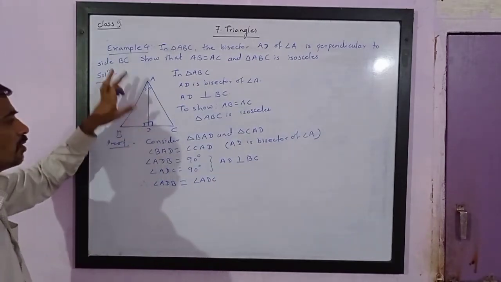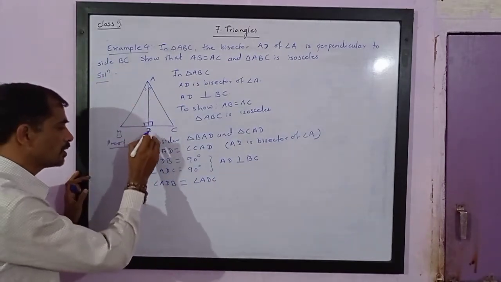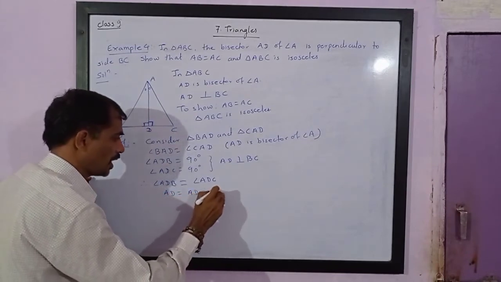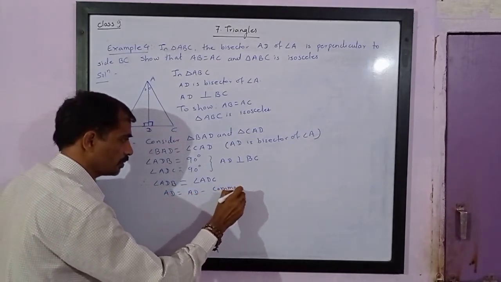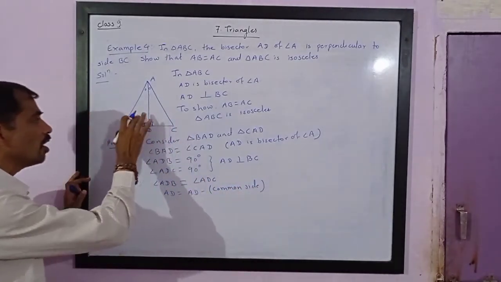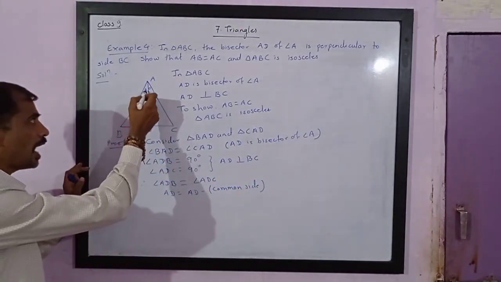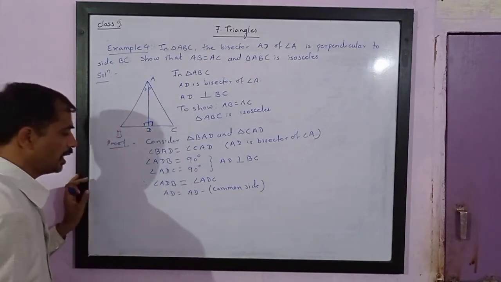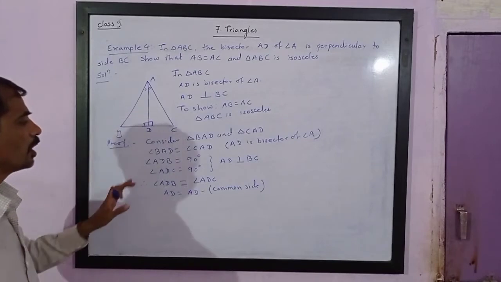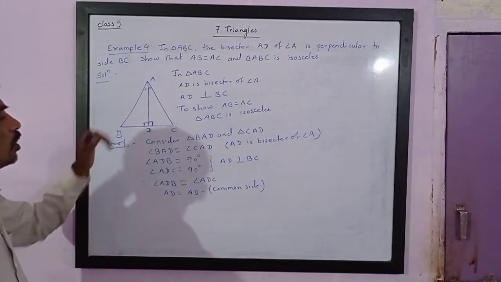Now, AD is equal to AD in both the triangles. Reason: common side. It means the two triangles are congruent by the angle side angle test. But for this we need to write the one-to-one correspondence.